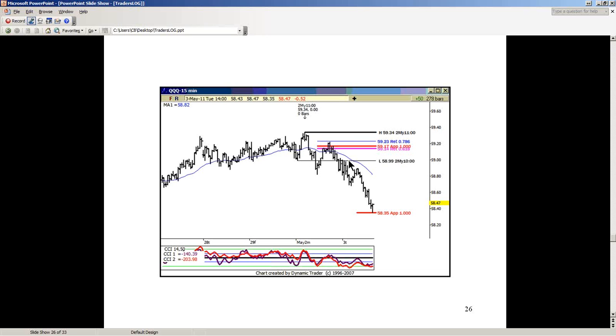Typically, if you wait for the pullback, which you'll get 3 out of 4 times, you're going to have less risk on the trade generally. But the 1 out of 4 times it won't pull back for you. If you really want to be aggressive on that particular trade, you probably need to enter just on the break of the prior low.